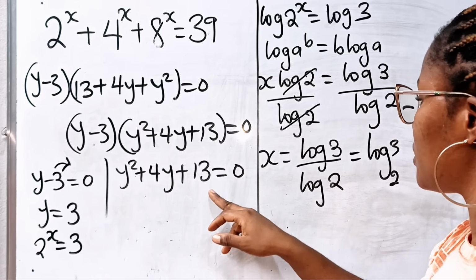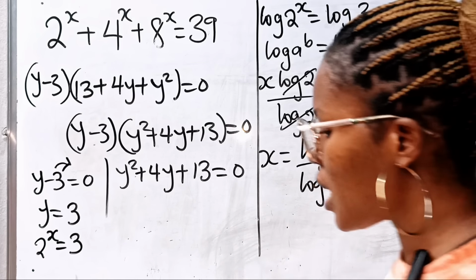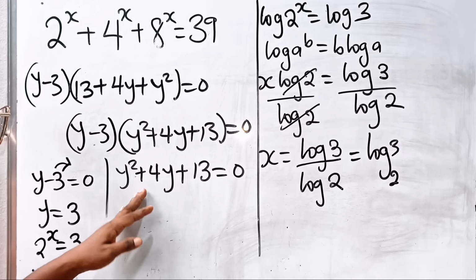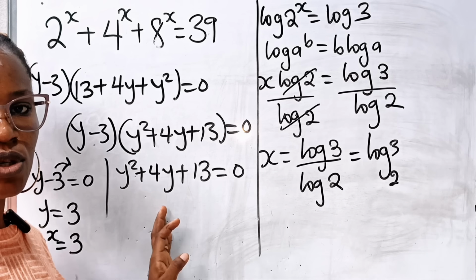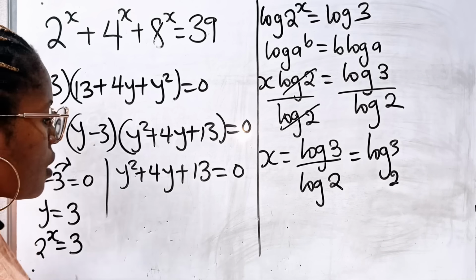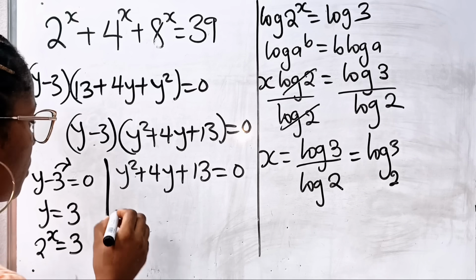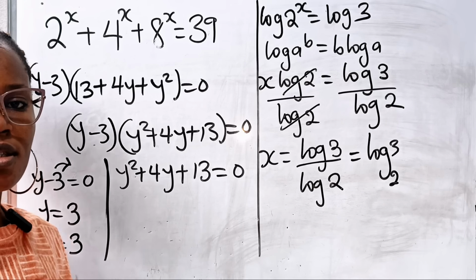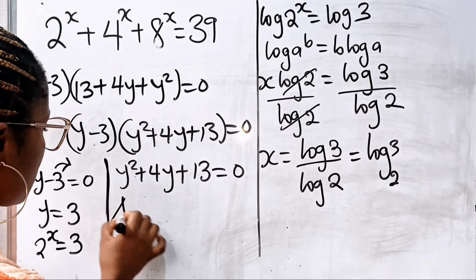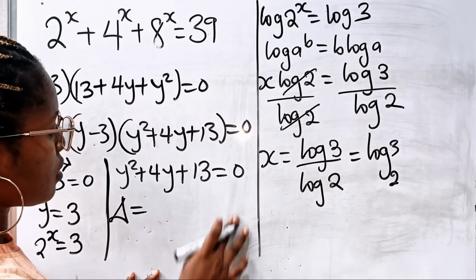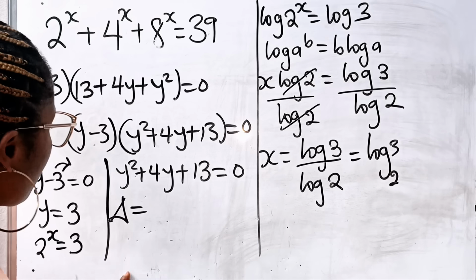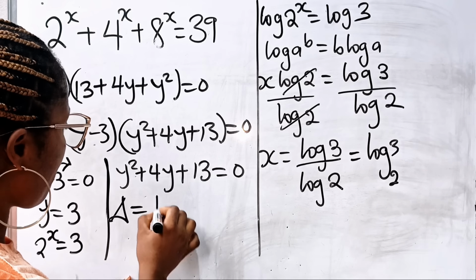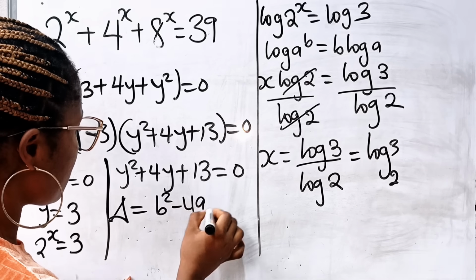Now for the other factor, we need to be sure that we can get real solutions here and not complex. The only way to determine that is to find the discriminant. The discriminant is b squared minus 4ac.